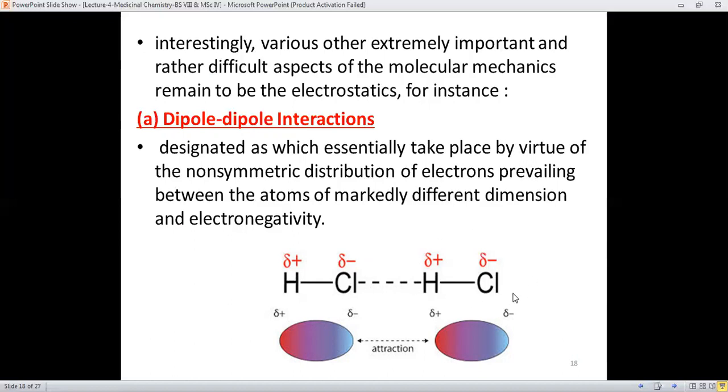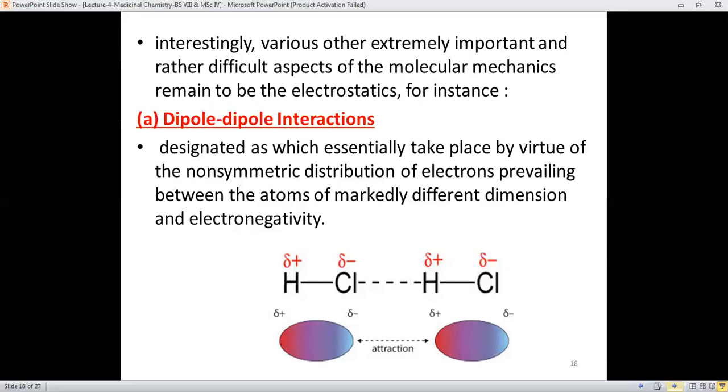This concept you have gone through many times, like the electronegativity difference between chlorine and hydrogen. Yes, there is an appearance of dipoles, positive and negative, and therefore positive attracts negative and so on, like attraction builds up like this.